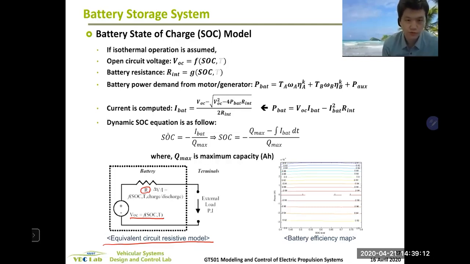So just two electrical components are supposed to describe the behavior of a battery. But one dynamic model that's not included in this figure is the state of charge dynamics, which is showing right here.